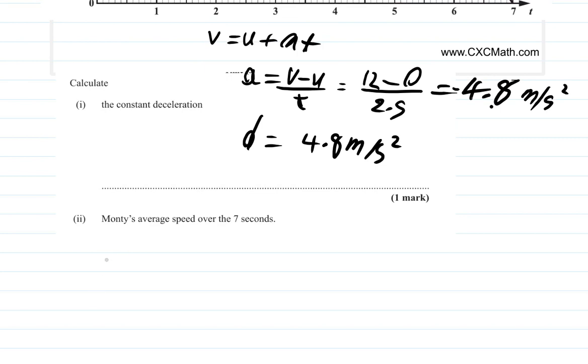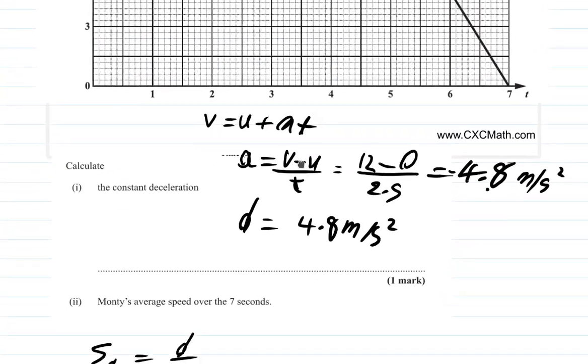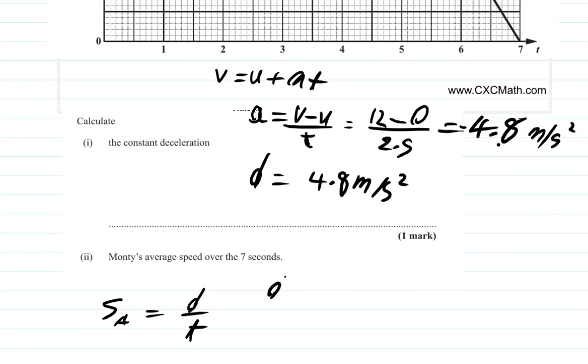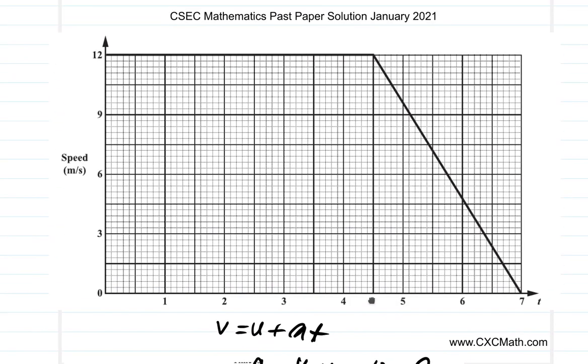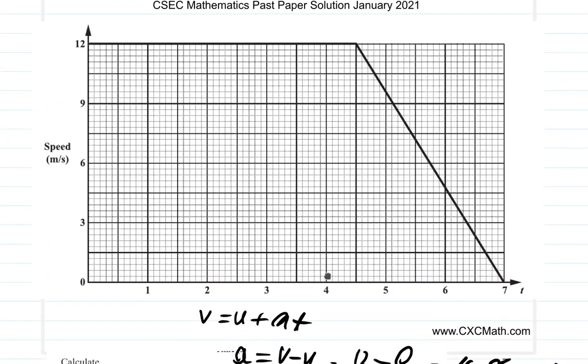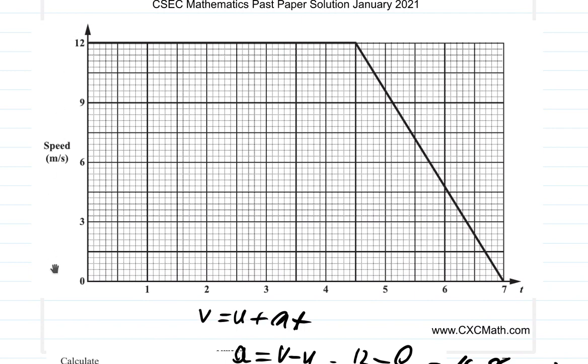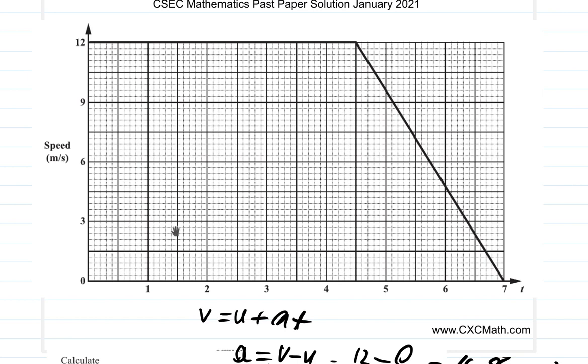Now, the speed, SA for average speed I put there, is the distance divided by time. How would I calculate the distance? Distance is equal to speed times time, right? Speed times time would be the area under this graph. Speed is the height, time is the width. So height times width would be speed times time.